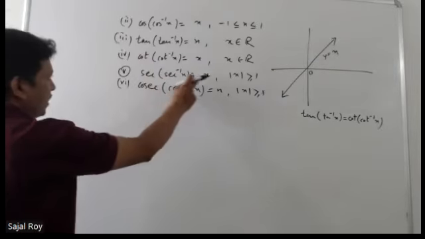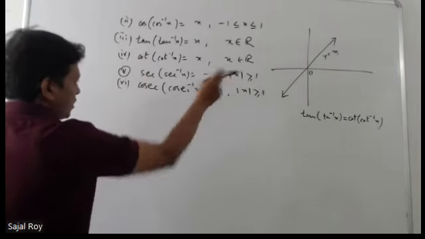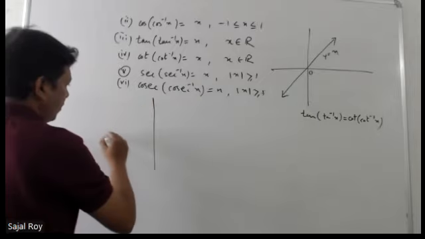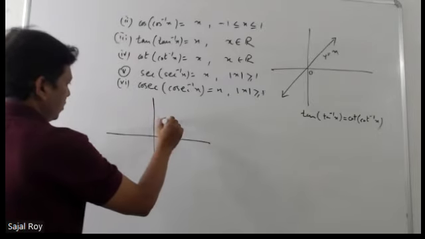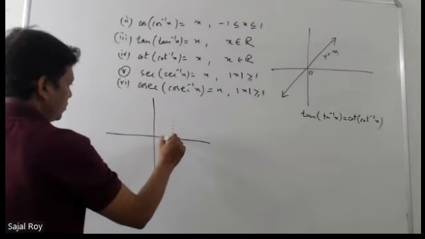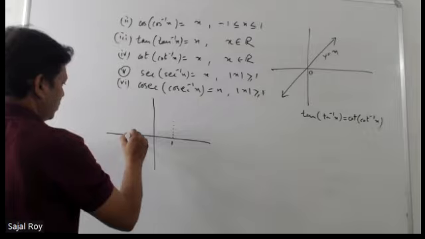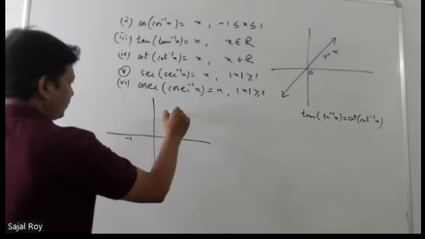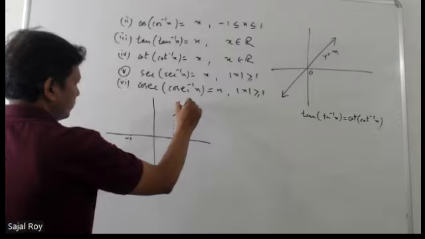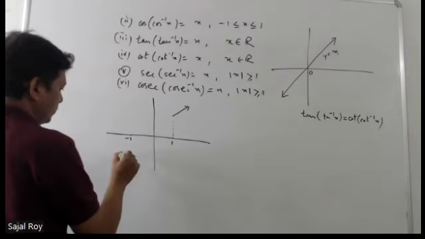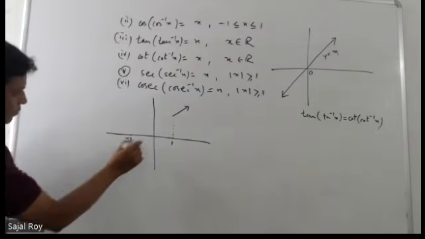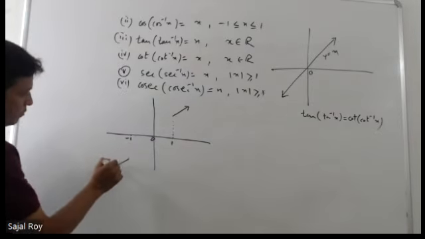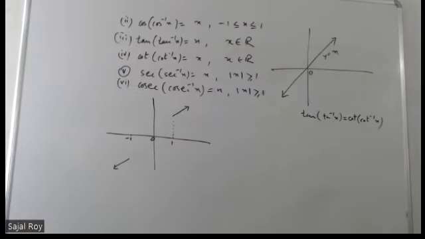And you have sec of sec inverse x. Let me draw this graph. This is your 1. This is your -1. Right?